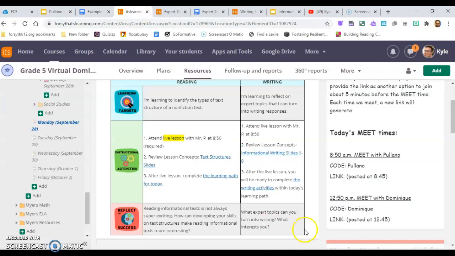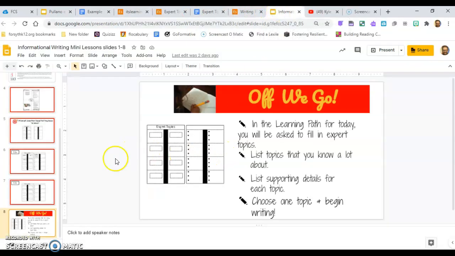So once again today, it does say on your slide here, the last slide, it says in the learning path, you're going to list the topics, the details, and then it says choose one of the topics and begin writing.